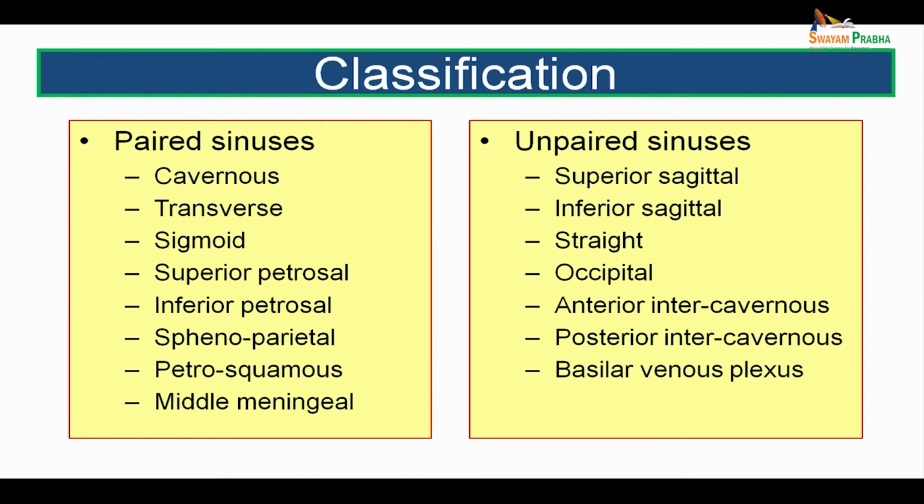While the unpaired sinuses are seen in the midline, and they are the superior sagittal sinus, the inferior sagittal sinus, the straight sinus, occipital sinus, anterior and posterior intercavernous sinuses, and the basilar venous plexus.